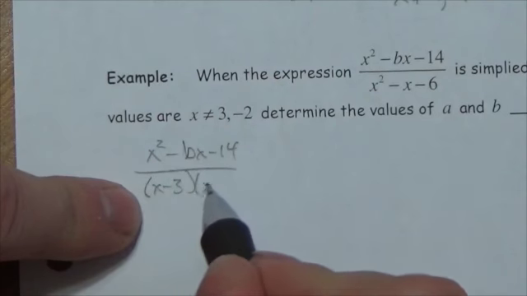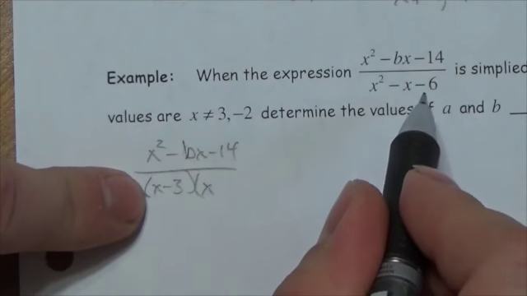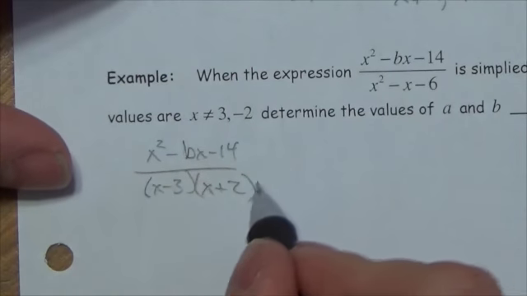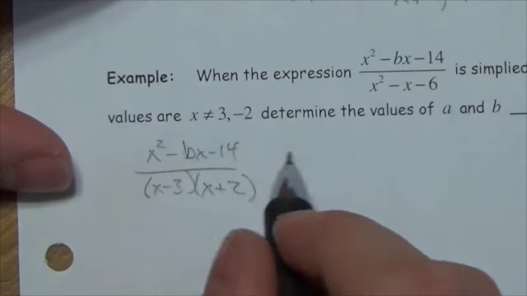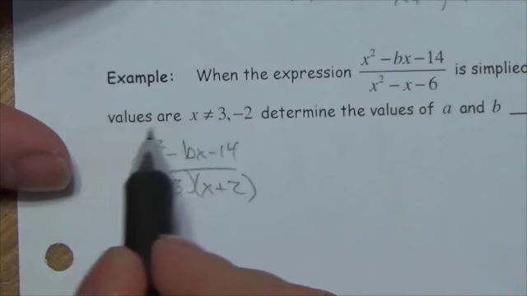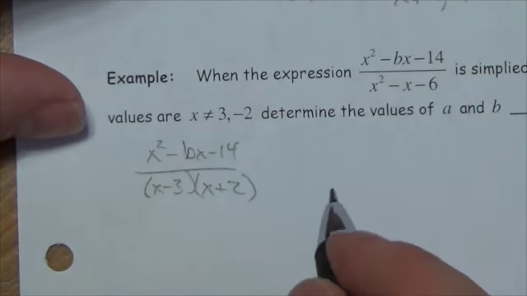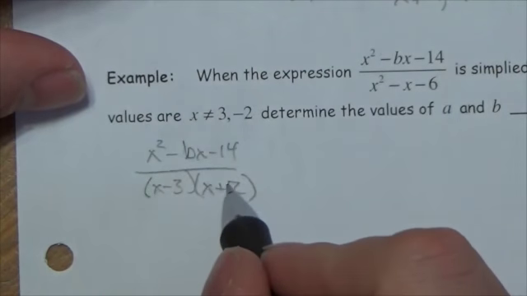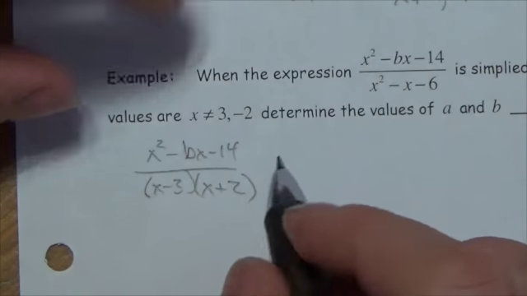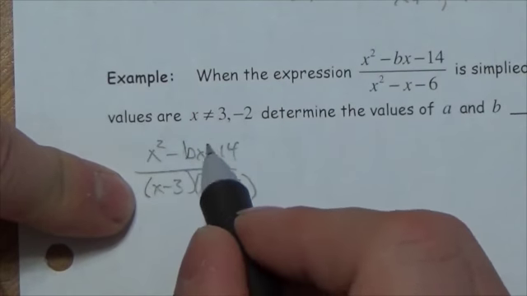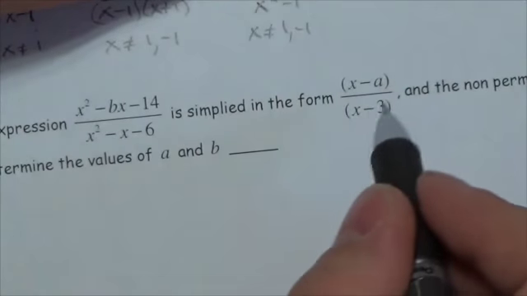So what do I have to multiply by -3 to turn it into -6? Well, the answer is +2. So what I'm missing here, and notice actually this is consistent with what I'm seeing just above that. The non-permissibles here are +3 and -2, and that's the same. Now, what that means here is that I canceled an x plus 2 from the numerator, because notice when I simplified it, there was no x plus 2 here.